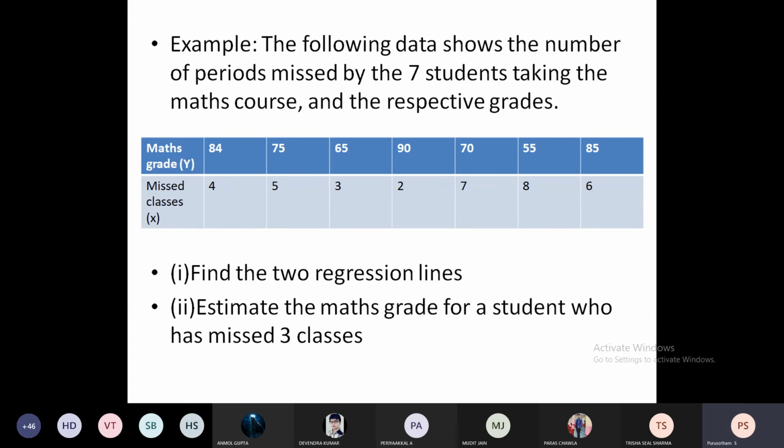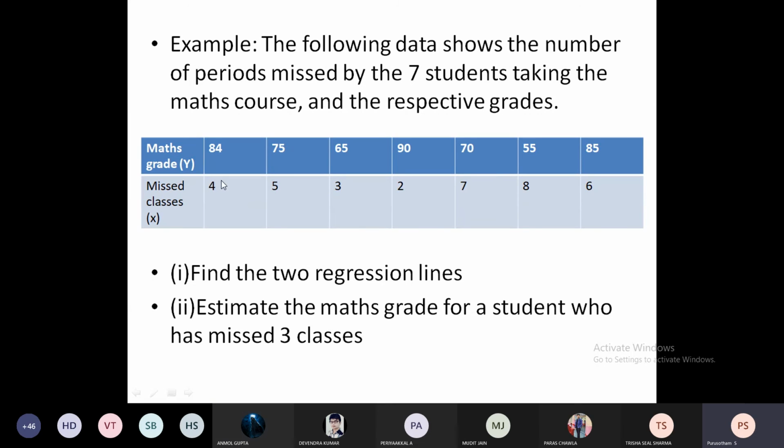Though a candidate is missing classes in a semester, let us imagine he may still be permitted to write the examination and secure some grades. The maths grade of the 7 students is given like this.